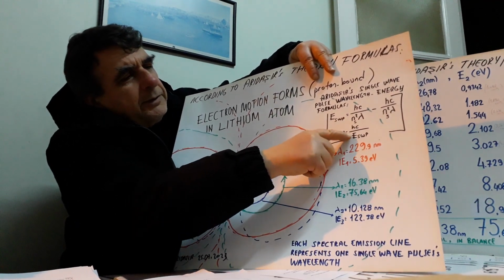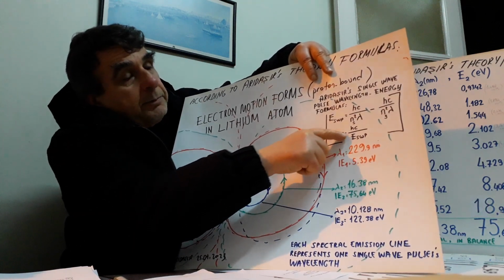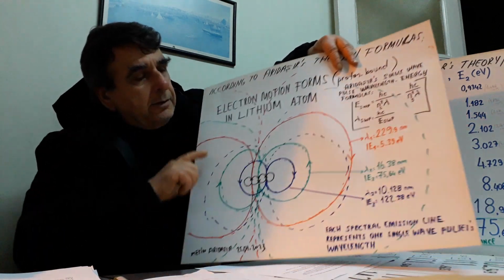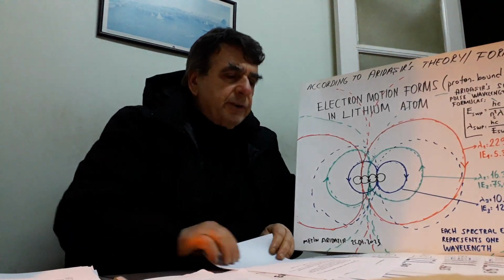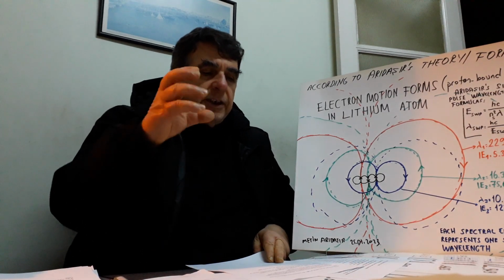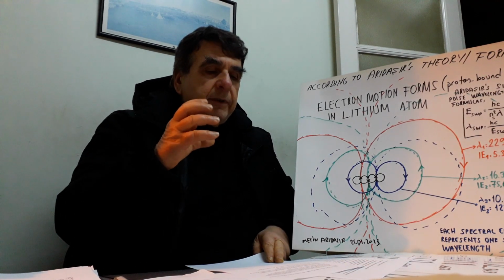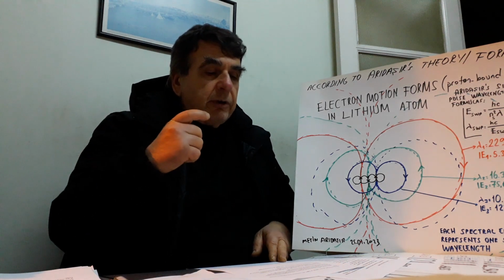This is how we can find the spectral line wavelength. The difference between the shrunken electron wavelength's corresponding energy and the expanded wavelength's corresponding energy is the single wave pulse energy.